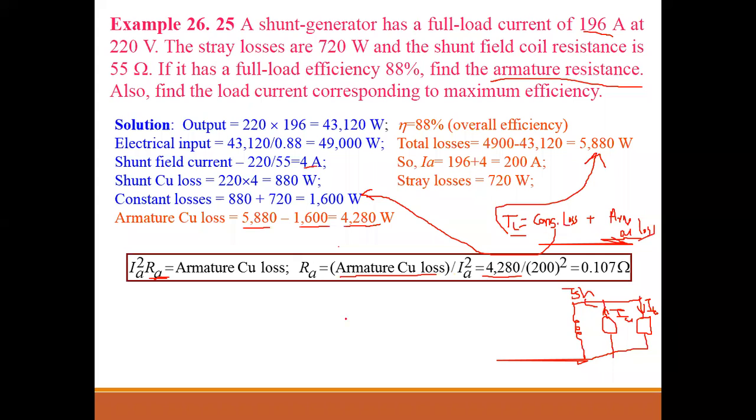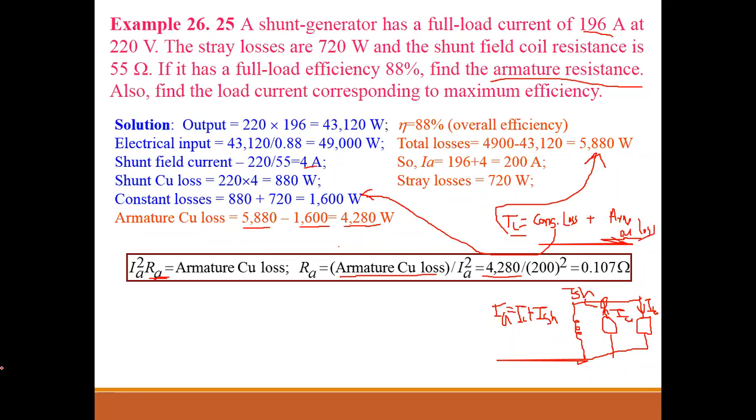Now from that we can understand that Ia is equal to IL plus ISH. Right, because at this node the Ia current is the only incoming current, and the other two currents are outgoing. So Ia is equal to ISH plus IL.